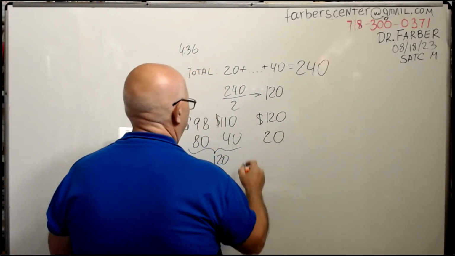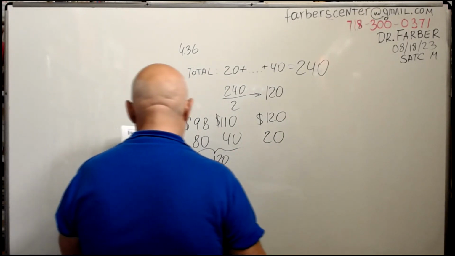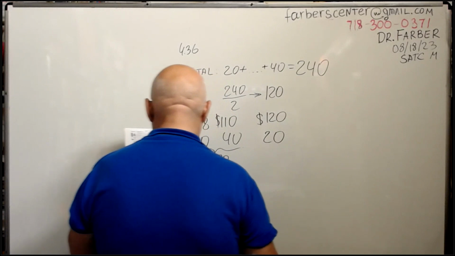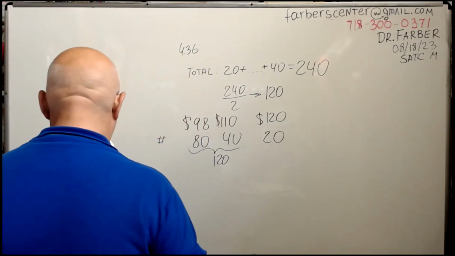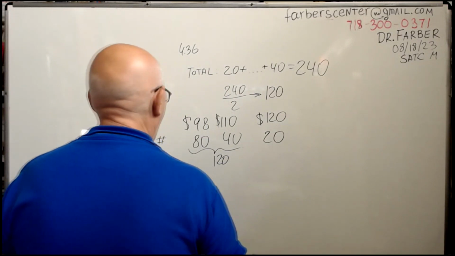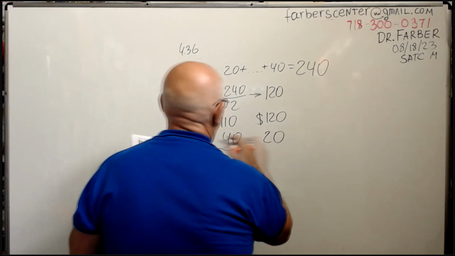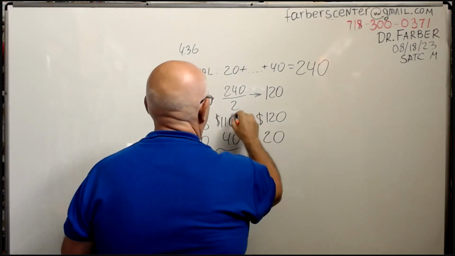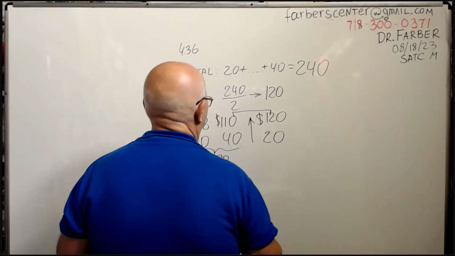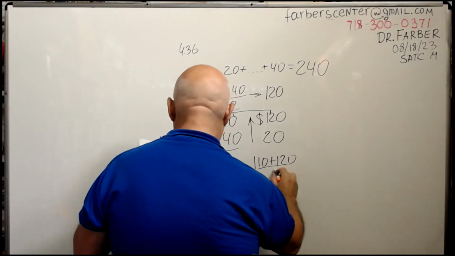And you know that median is supposed to be, the last of this is what, 40? Okay. And this is 20. So median is between. So find 110 plus 120 divided by 2.